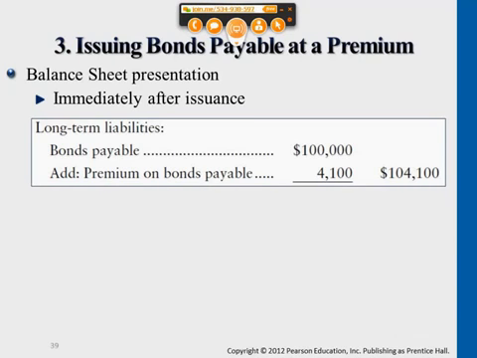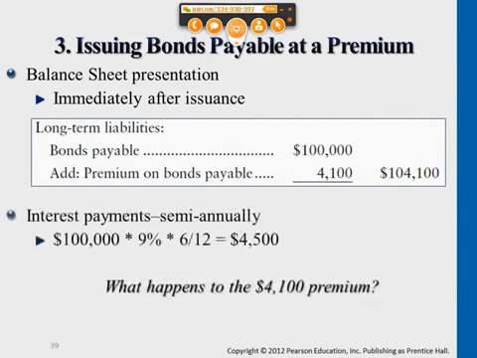So regardless of whichever case, the original face value is still there, but there will be a discount listed beneath it or a premium listed underneath it. The carrying amount, the book value of the bond, is $104,100. This is the carrying amount, and then we have to amortize this $4,100 of premium later.